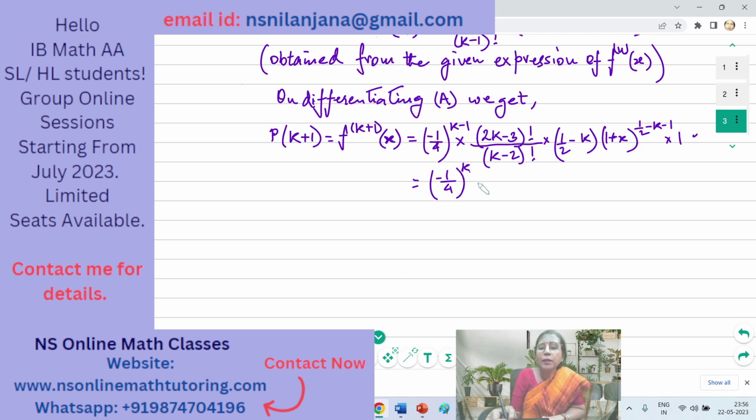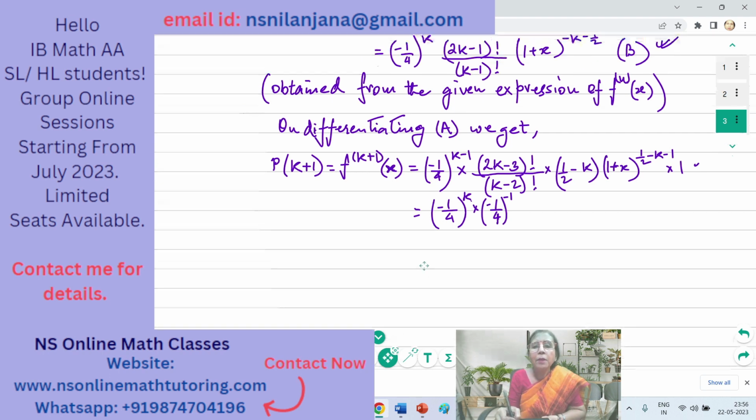We keep it as negative 1 over 4 to the power of k times negative 1 over 4 raised to the power of negative 1, because it is raised to the power of k minus 1. So I need only the k, so I have kept one part as negative 1 over 4 to the power of k, and the other part is negative 1 over 4 raised to the power of negative 1.